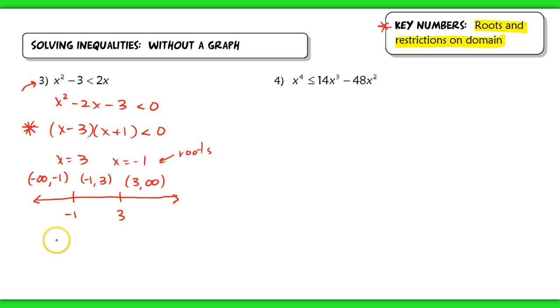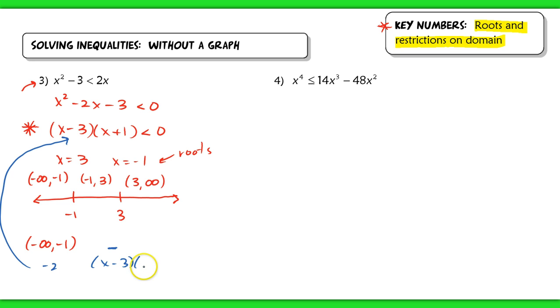So let's, for example, take from -infinity to -1. What I'm going to do is think of a number that falls within this region. Let's try -2. If I plug -2 back into this inequality, this first part, x minus 3, this stays negative, right? If I plug in -2, that stays negative.